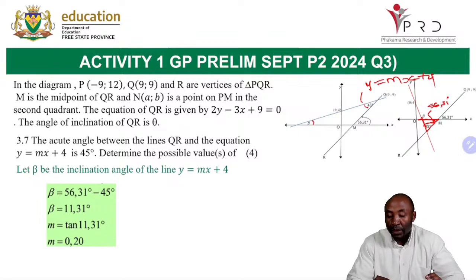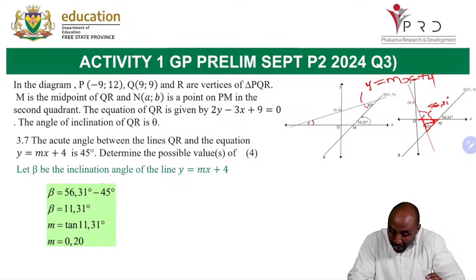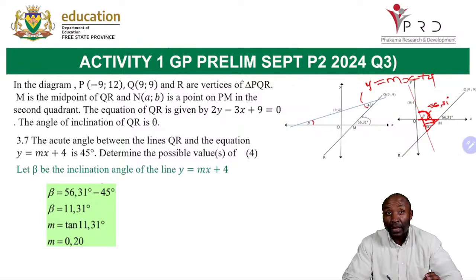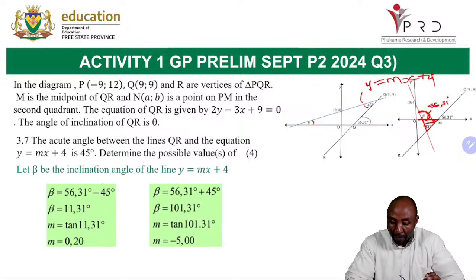These are vertically opposite angles. From there on, you have this angle. The sum of these two interior angles is equal to our exterior angle, in which case that becomes our beta there. So we are going to use that, and we will have our beta as 101,31 degrees, and then we want tan of 101 degrees 31, and this will give our gradient as negative 5.